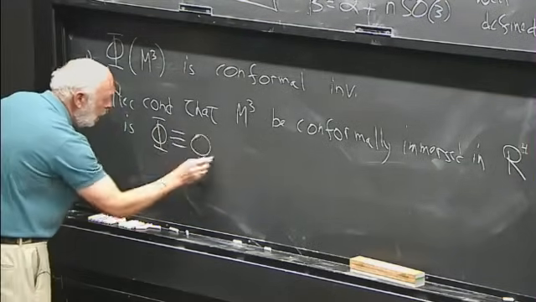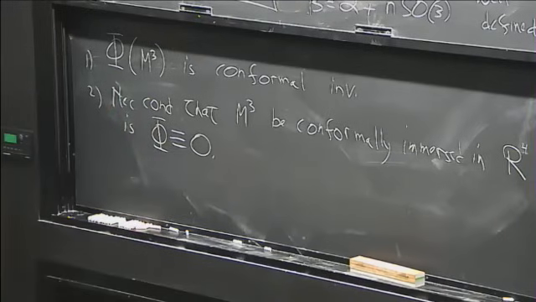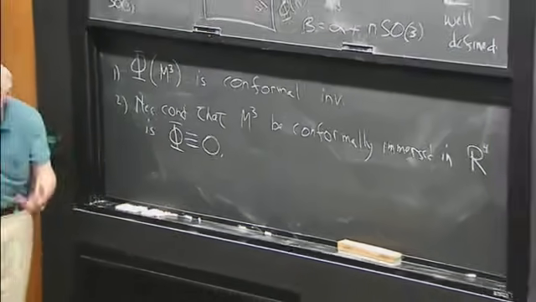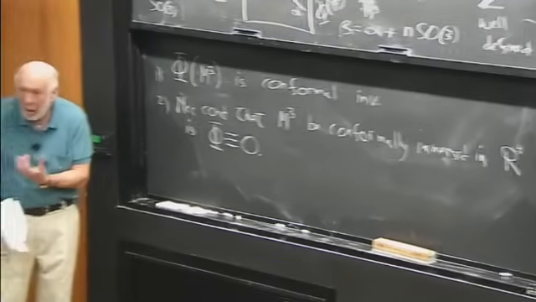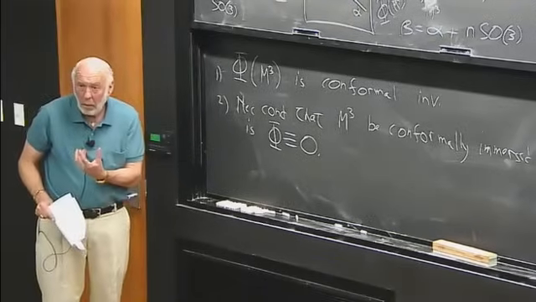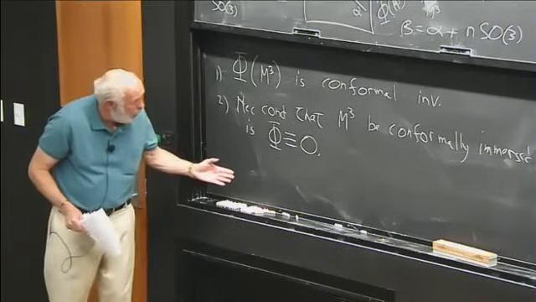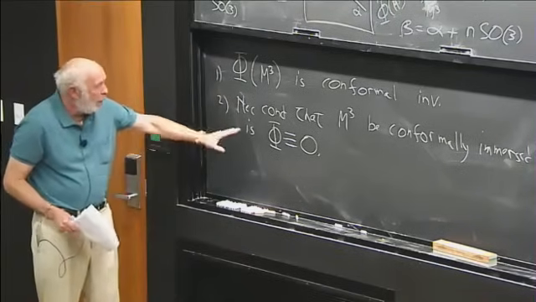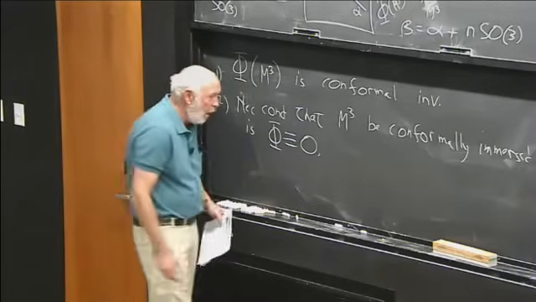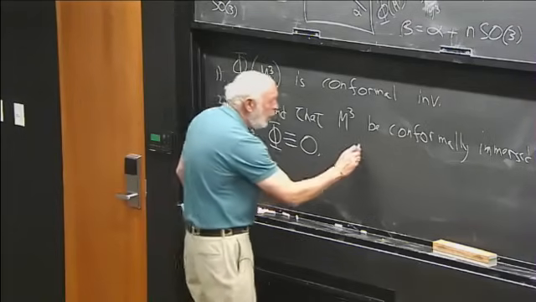Now, any three-manifold is immersible in R4. But could it be conformally immersible? Only if phi is equal to 0. And here's a very nice example, the real projective 3-space, RP3.